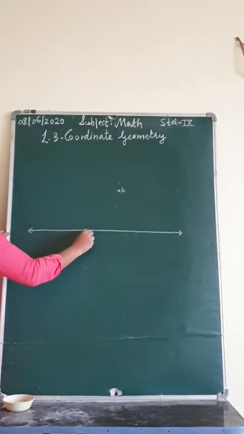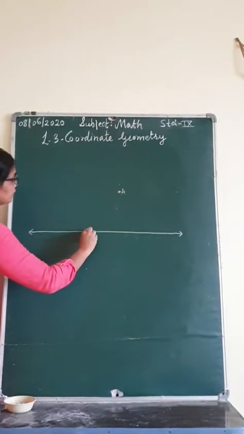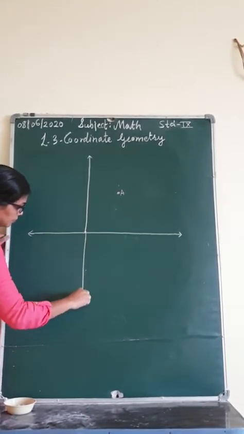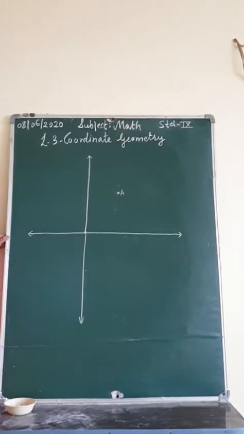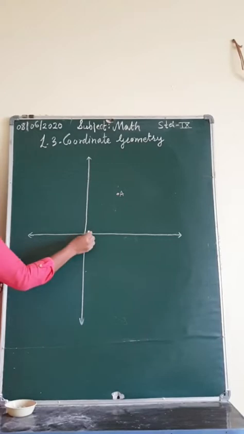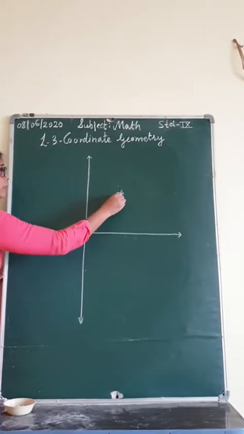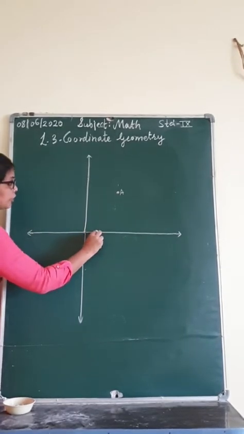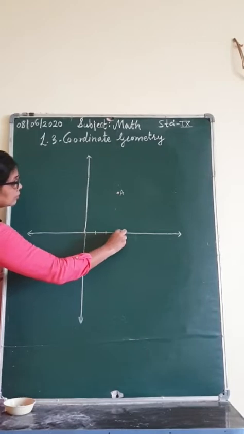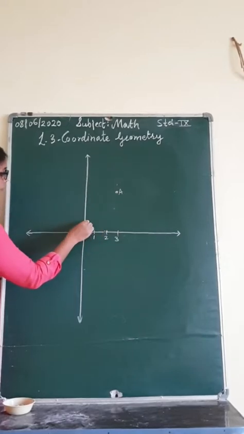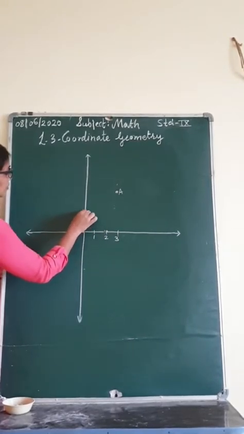So this is a horizontal line and exactly perpendicular to it we have to draw another line. And then this is the fixed point. Now you can fix the position of point A from this fixed point. And if you number this 1, 2, 3, same numbering.